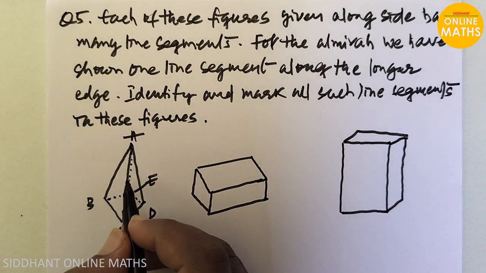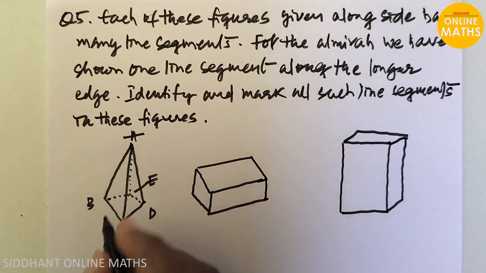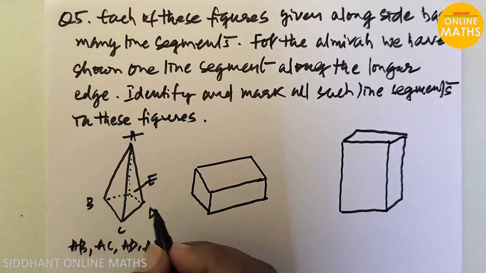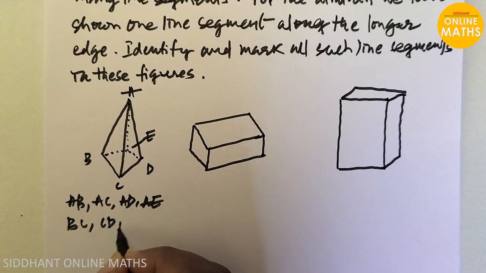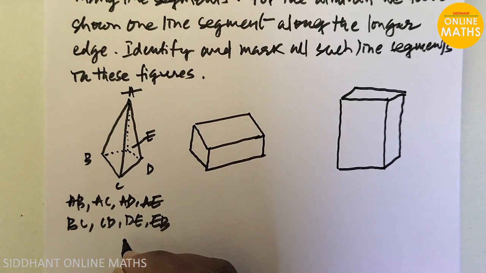Here, identify and mark the line segments. So this AB will be one line segment for you, AC will be another, AD will be another, AE will be another. These are the line segments. Also at the bottom you are going to see BC, CD, DE and EB. So these are the line segments.